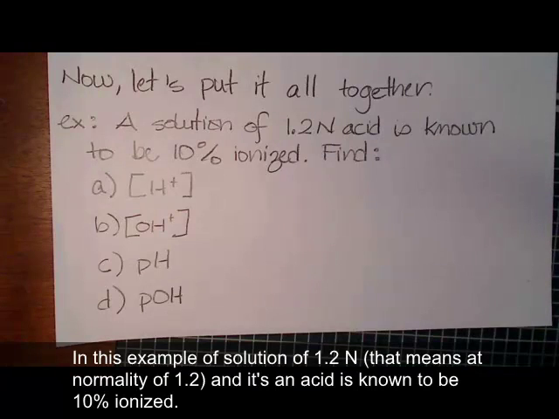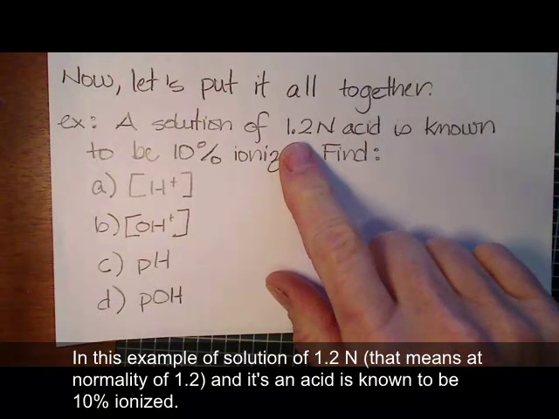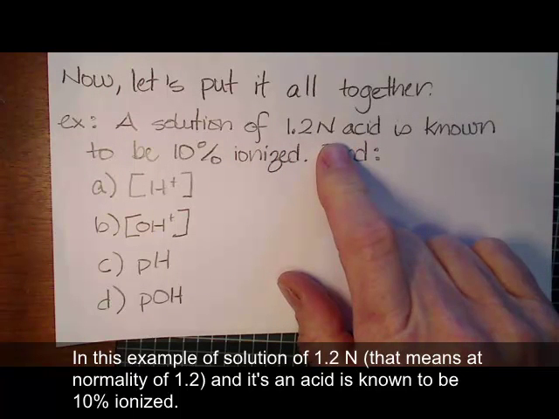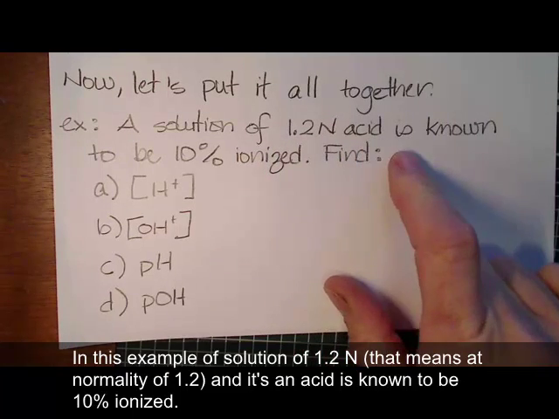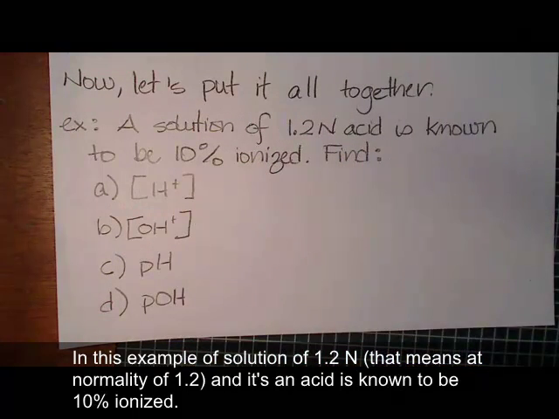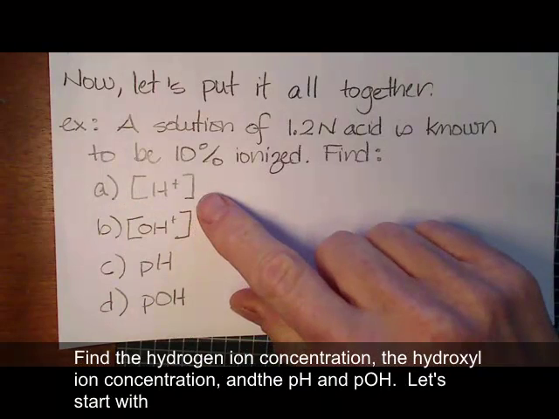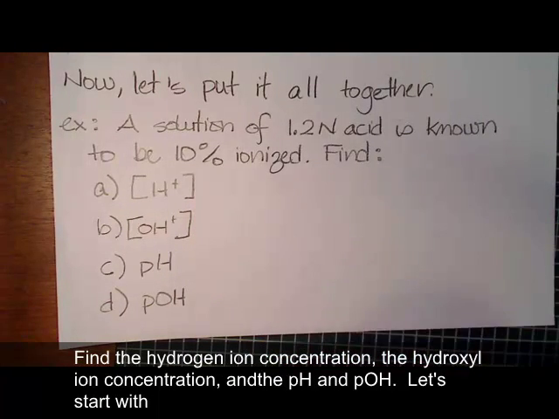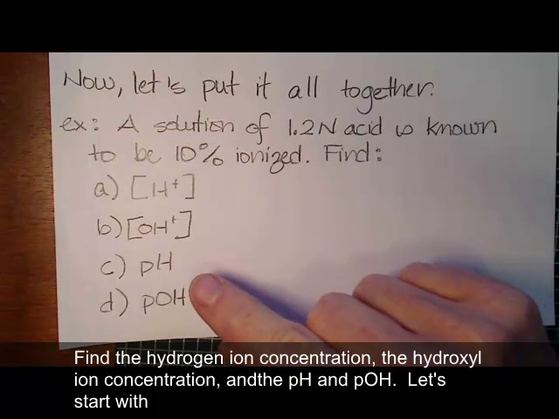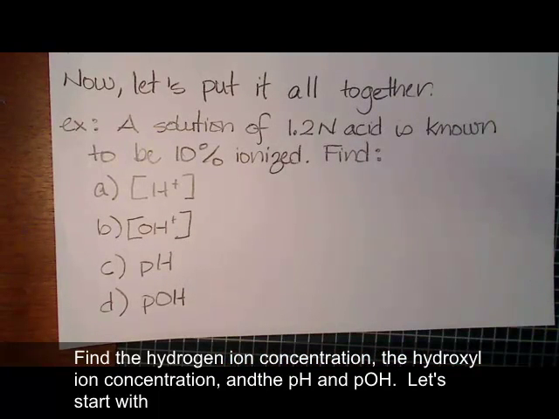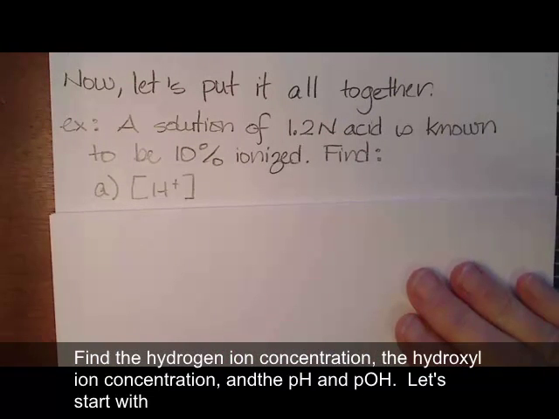So in this example, a solution of 1.2 N, so that means a normality of 1.2, and it's an acid, is known to be 10% ionized. Find the hydrogen ion concentration, the hydroxyl ion concentration, and the pH and the pOH. Let's start with the hydrogen ion concentration.